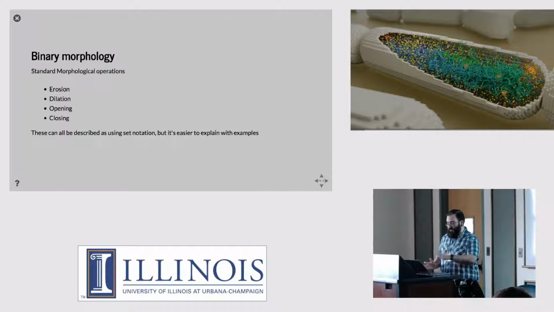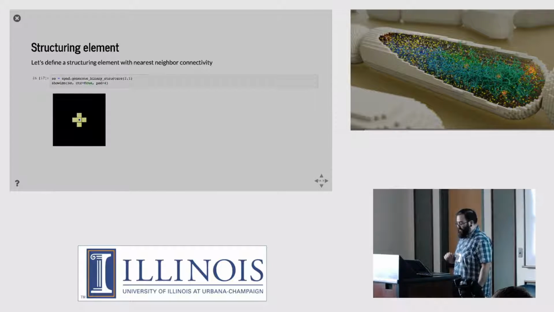So the most common morphological operations are erosions, dilations, and opening, closing. There's a handful of other ones as well, but these are the most useful to us right now. And we can define this using some set notation, but I think it's easier just to show you what these things do to images. So we're going to start off with a structuring element that connects nearest neighbors.